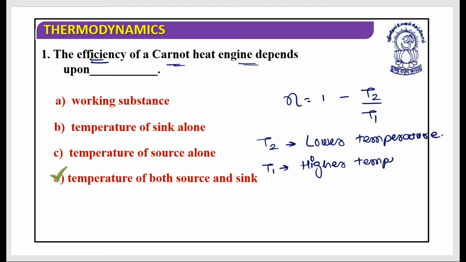Does it depend on the working substance? No. The temperature of the sink alone? No. The temperature of the source alone? No. It depends on the temperature of both the source and the sink.